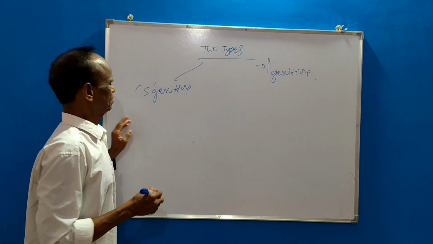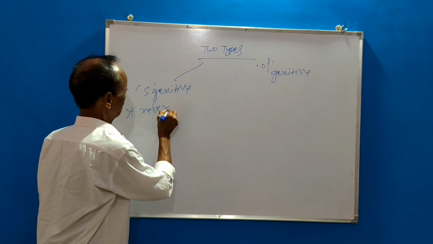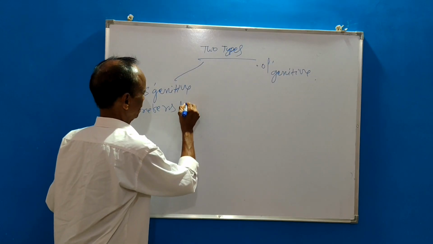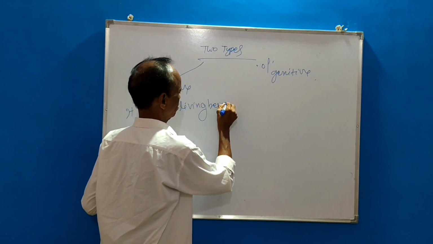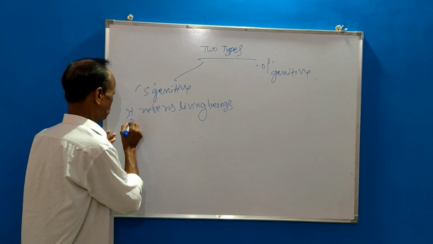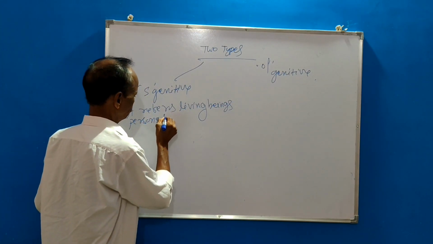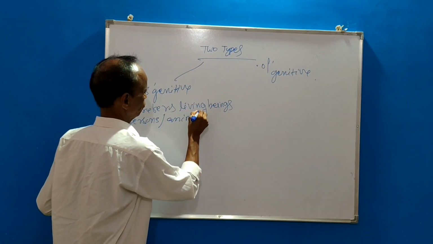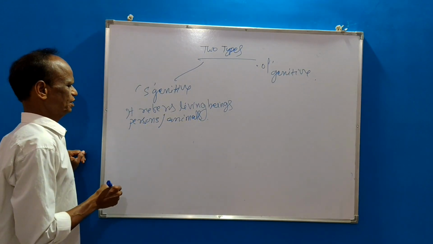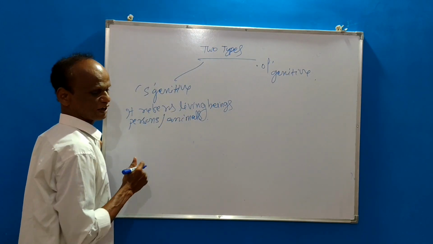S genitive refers to living beings, persons or animals.